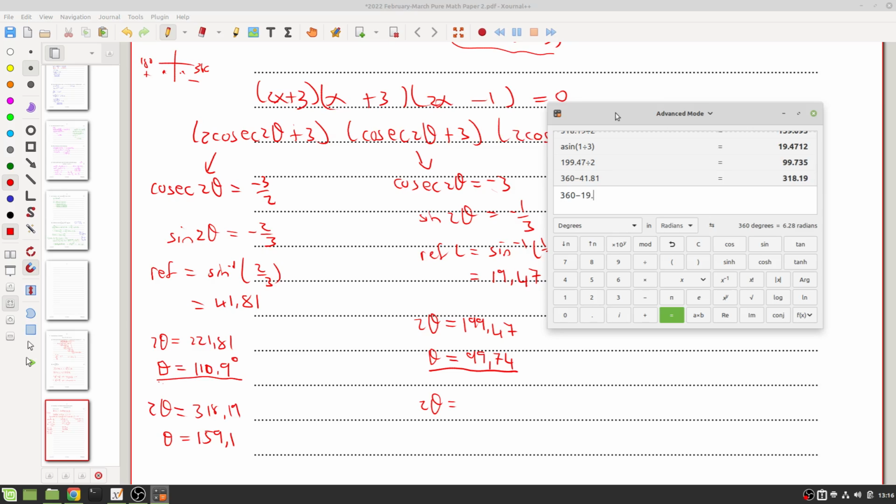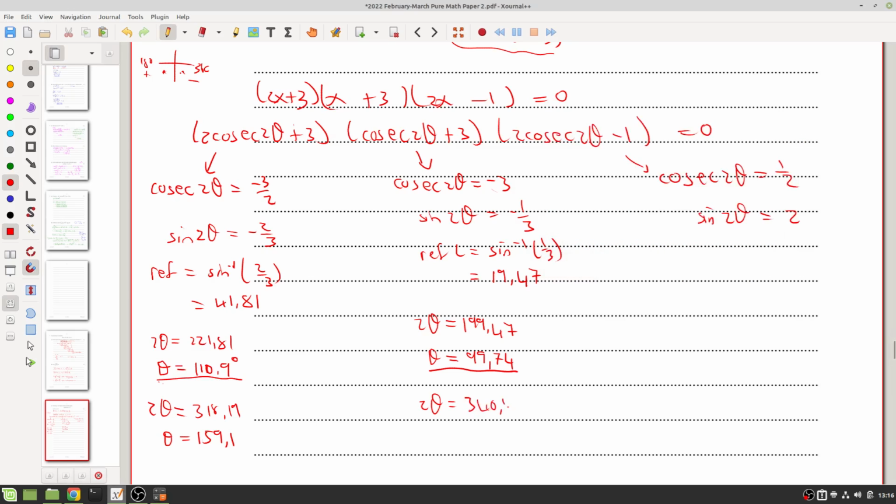So 340.53 gives us theta is then 170.26-ish. Okay. So again, this is the only one that works here.